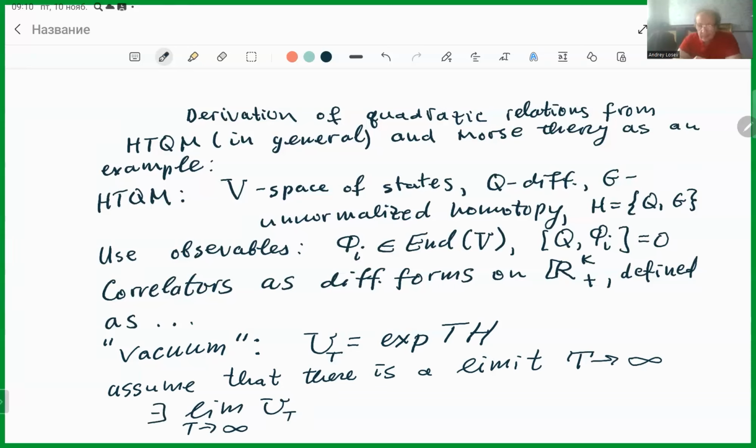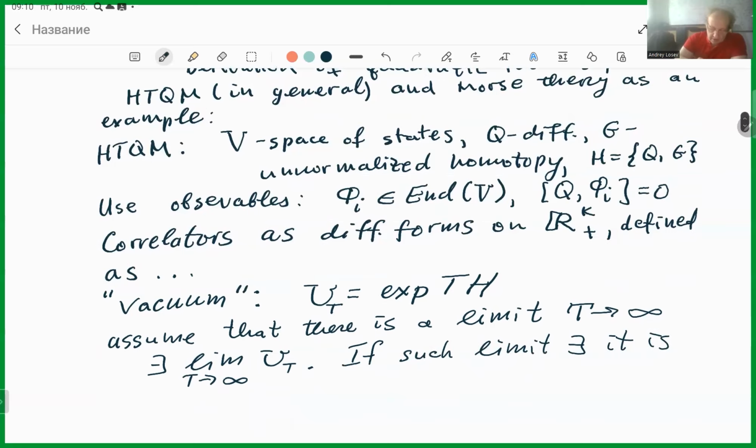It is easy to check that if such a limit exists, it is a projector.